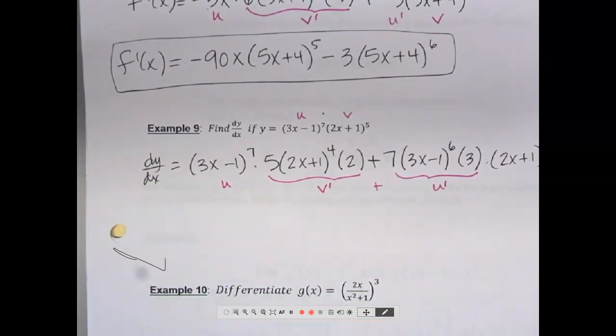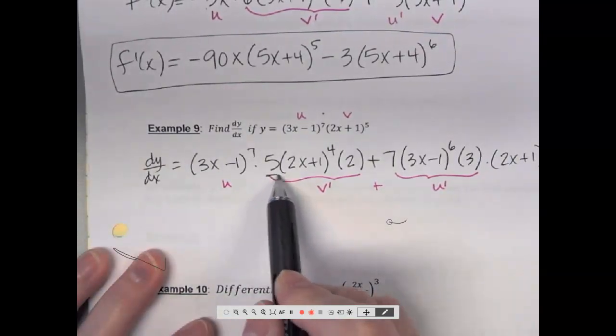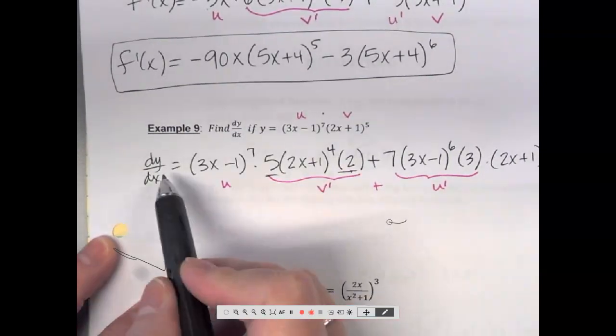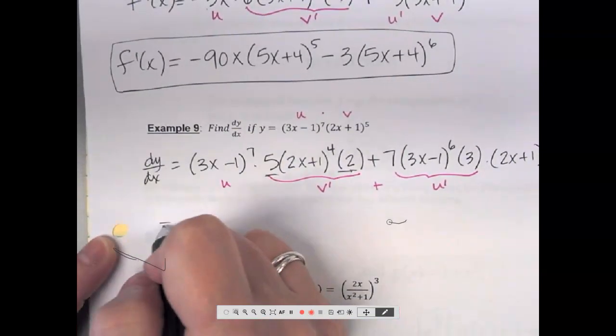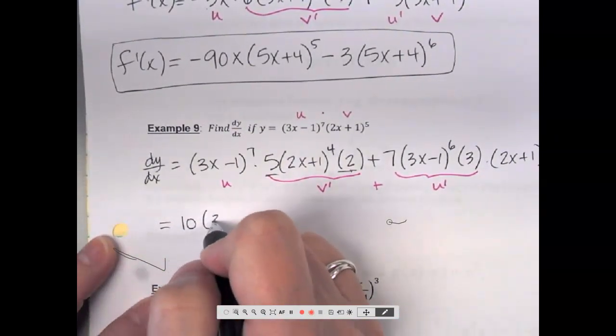Ooh, do we want to clean any of that up? There are just two things that I would really like to. I'd like to multiply that 5 times 2 and put it out front. And I'd like to multiply the 7 times 3 and put it out front. Can we do that? That's not too bad, is it? So this 5 times 2, and all of that's multiplied. So I can put that 10 just in front of all of that.